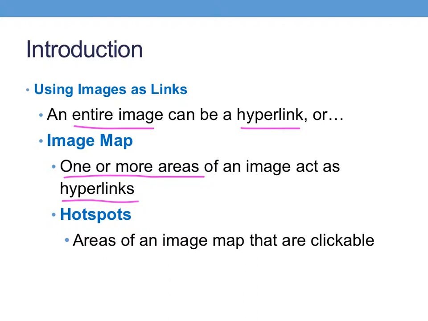So depending on where you click, it will take you to different websites, different web pages, different things will happen. And those highlighted areas that link to different spots are called hotspots. So if there are multiple areas on an image map that are clickable, those are called its hotspots. The hot areas where if you click, something will in fact happen.